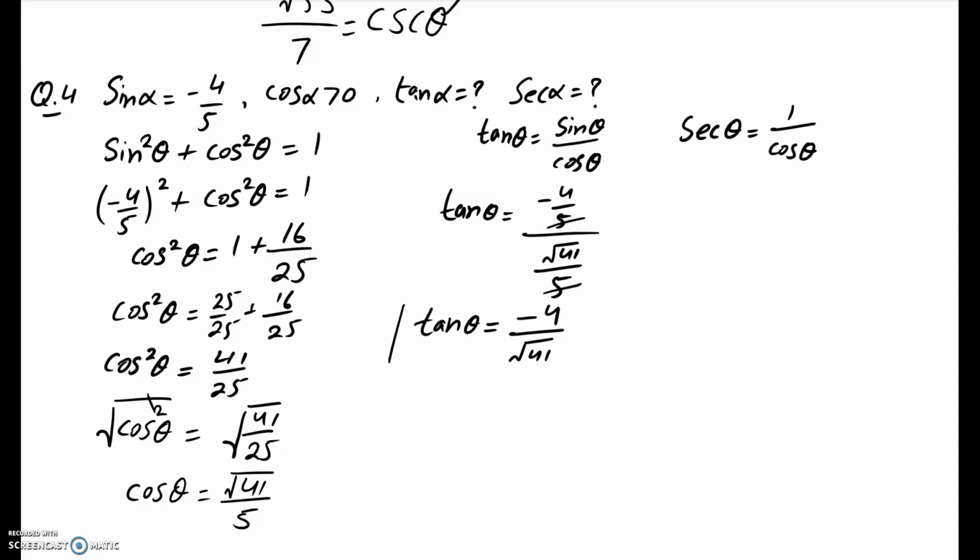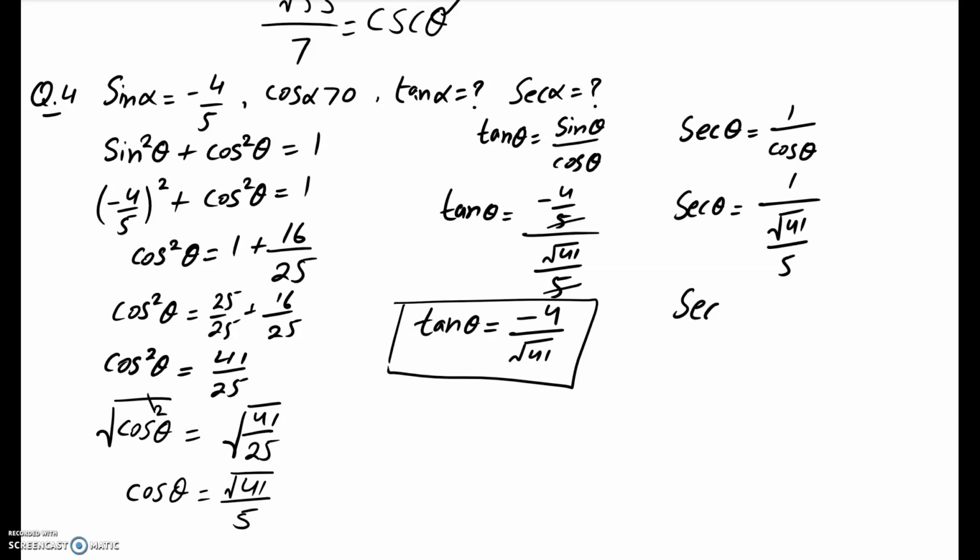We got the value of tan theta. Now secant theta equals 1 over cos theta, which is square root 41 over 5. Simplify this expression, and secant theta equals 5 over square root 41. This is the value of secant theta. Clear?